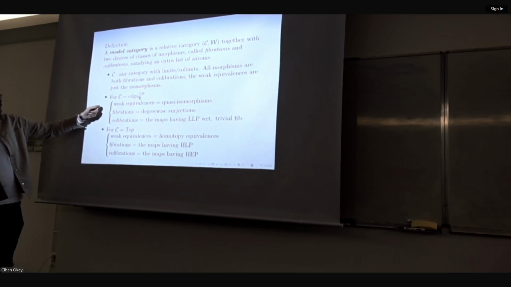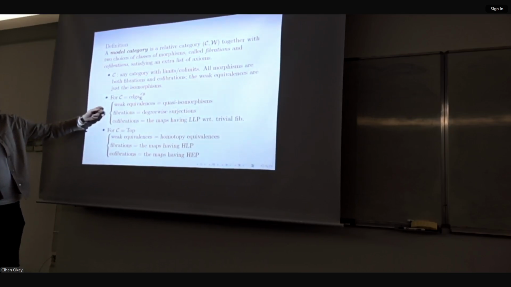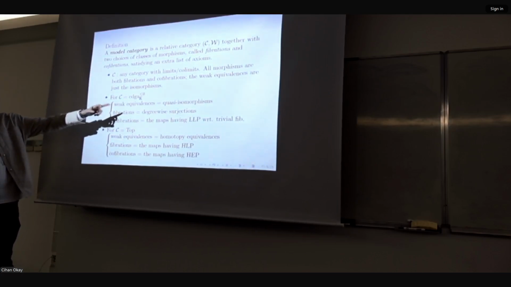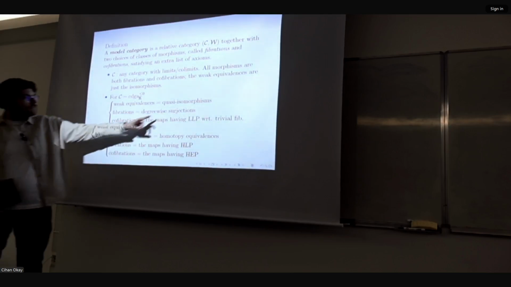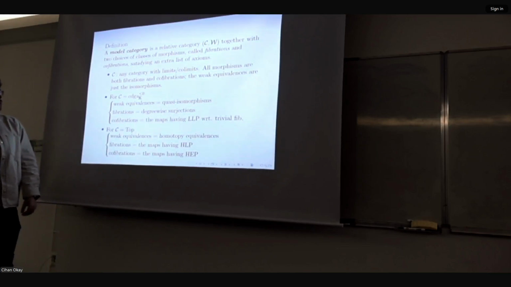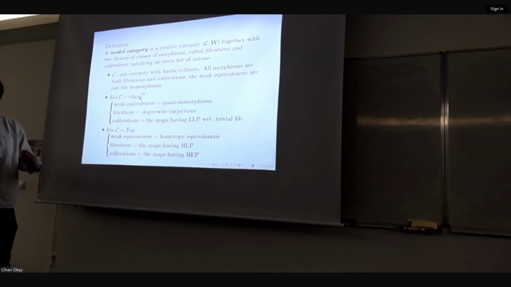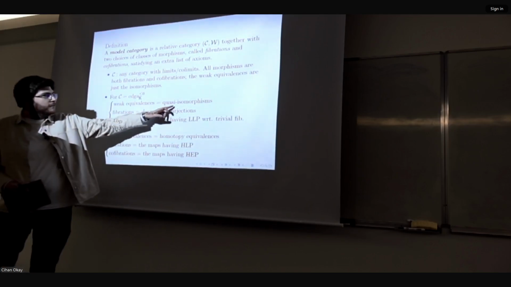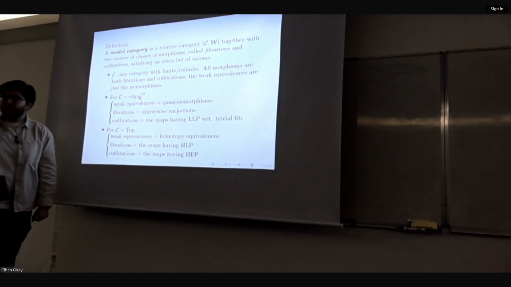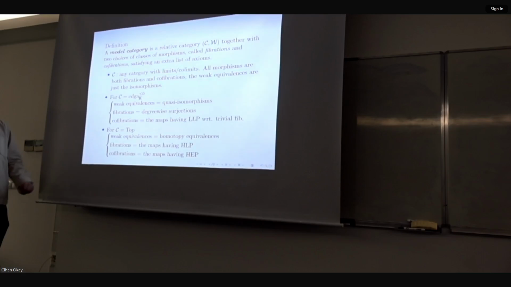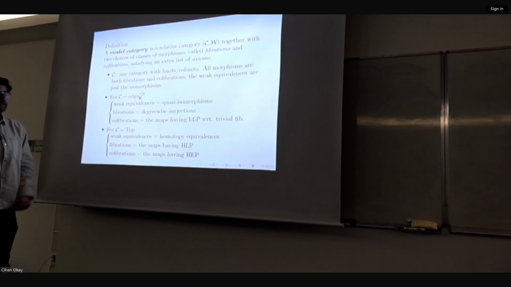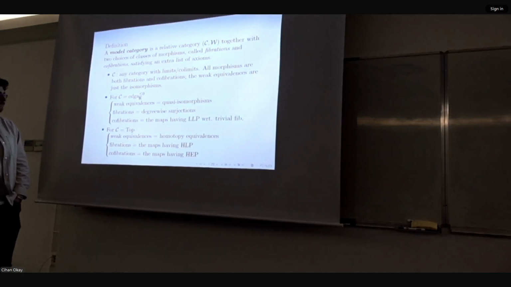And the example we are going to be interested in is the CDGA. For instance, in that case, your weak equivalences will be quasi-isomorphisms. And if you're not familiar with that notion, you don't have an isomorphism between your CDGAs, but you have isomorphisms at the level of cohomology. So you are not saying A and B are isomorphic, but they may still have isomorphic homology groups.